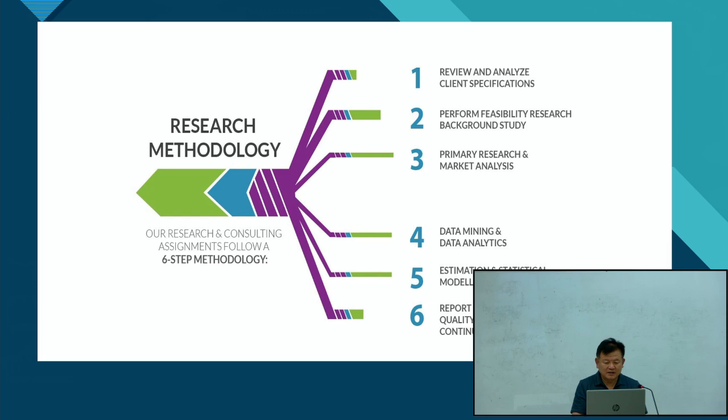Second, performing feasibility research, also background study. And the third step is primary research and market analysis. What is the formal research? Also market analysis, etc. And the next, fourth step is data mining and data analysis.